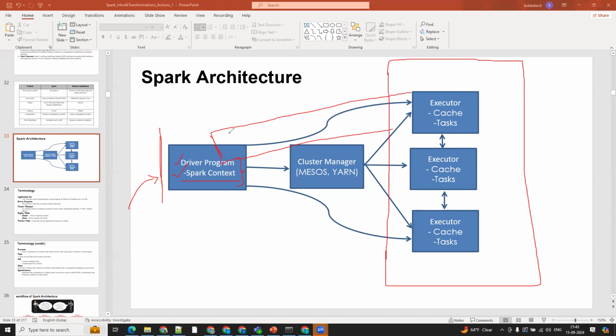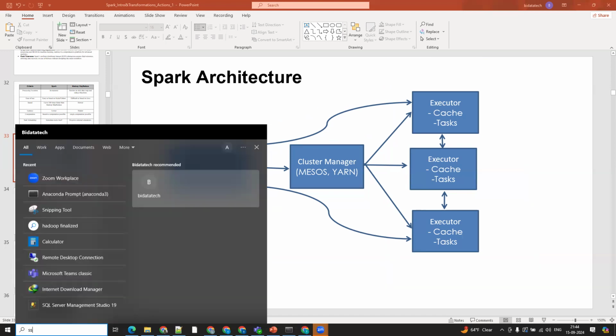Simple example I'll tell you. When you install SSMS or SQL Server or your Oracle database or your Snowflake, when you want to execute something, what will you do? Let's say I try to open my SSMS here.